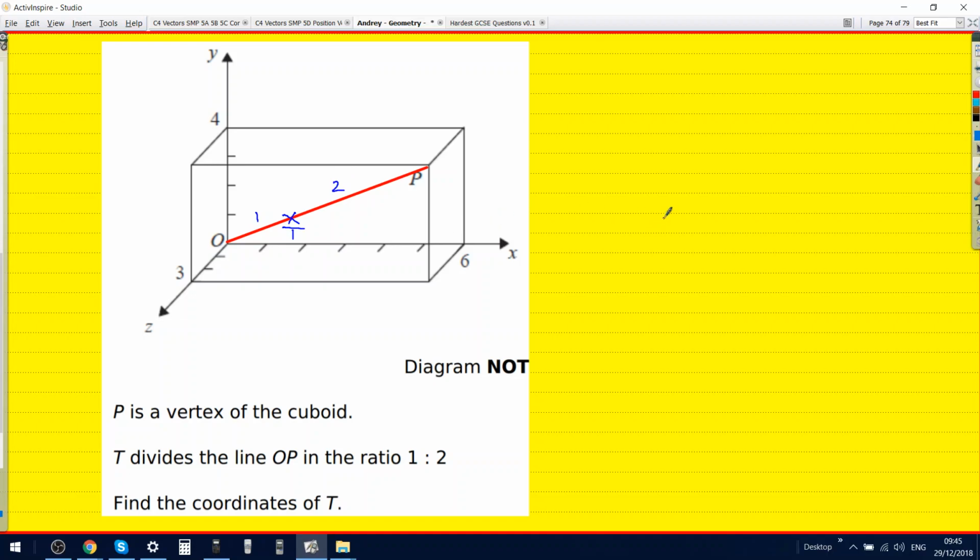And 5 coordinates of 2. I'm not sure. Any idea about the coordinates of P?